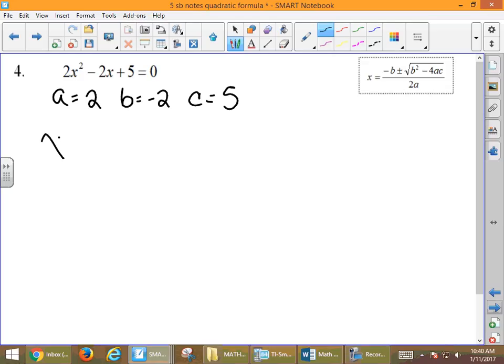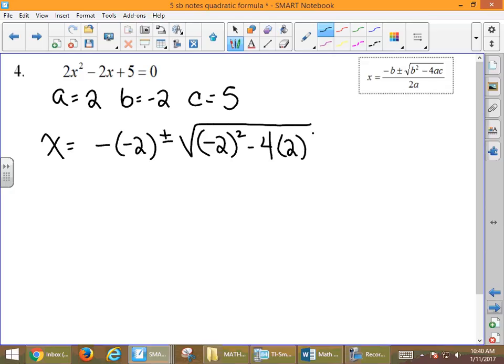Our x equals negative b plus or minus the square root of b squared minus 4 times a times c, all divided by 2 times a.